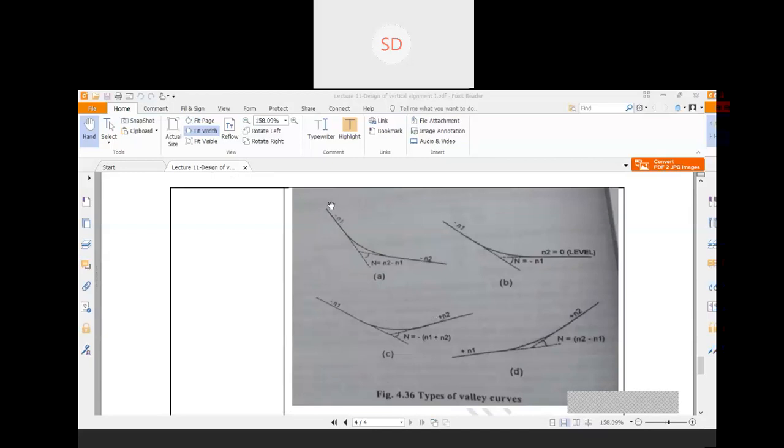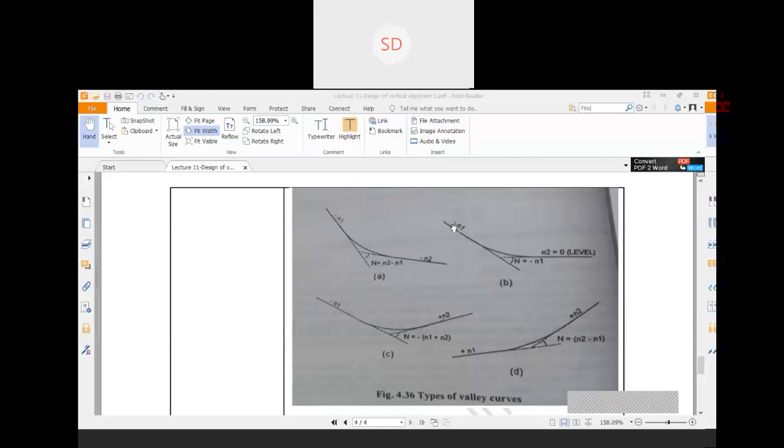Suppose a downward gradient of minus n1 and another downward portion of minus n2 are meeting each other. In that case, you have to accommodate both sections of the road with the help of a valley curve. Now here also your deviation angle would be minus n1 minus of minus n2, that is n2 minus n1.